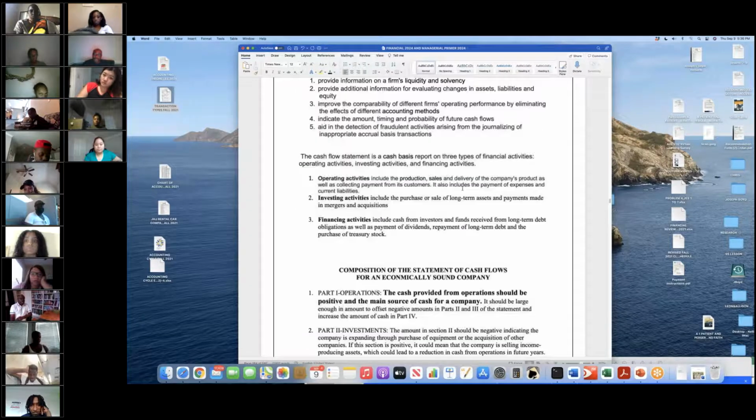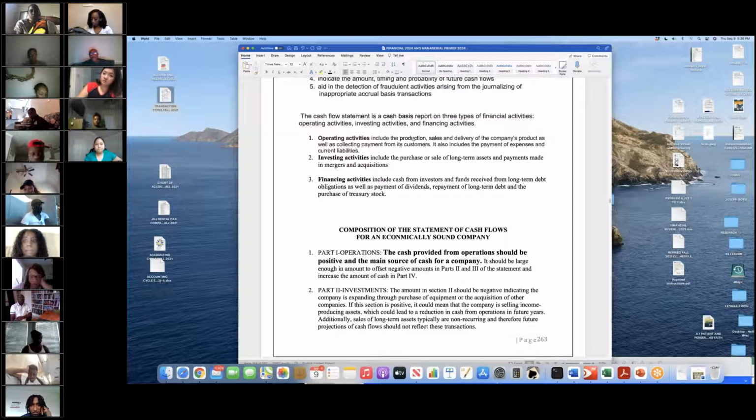The cash flow statement has 3 areas: operating, investing, and financing. Operating is going to be where we have the net income and the current assets and current liabilities and the contra accounts. This is the main place we need cash. Investing activities is where we sell our non-current assets.